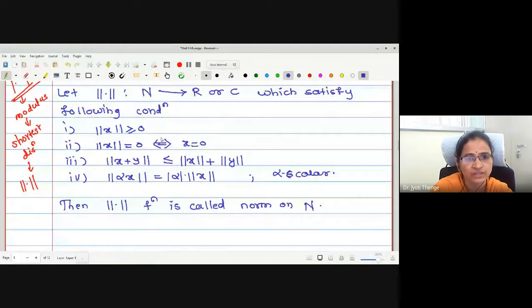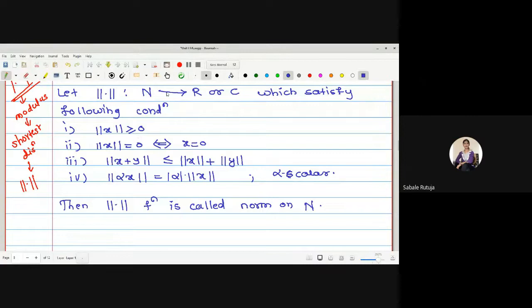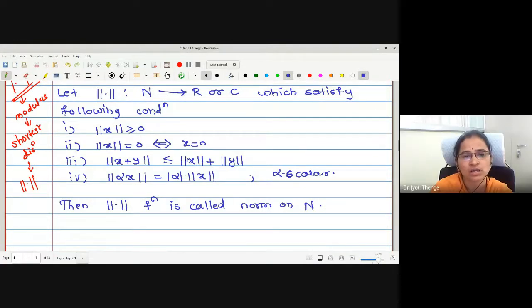But here, have we defined this on a Cartesian product? No. We have defined this on a vector space N only.